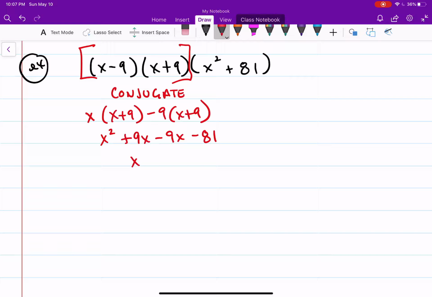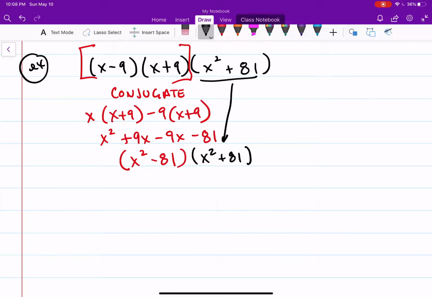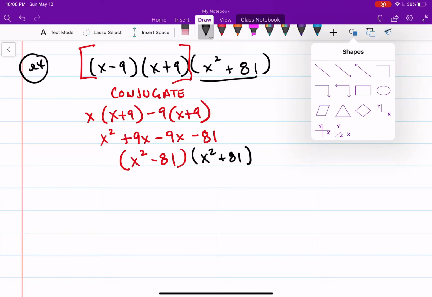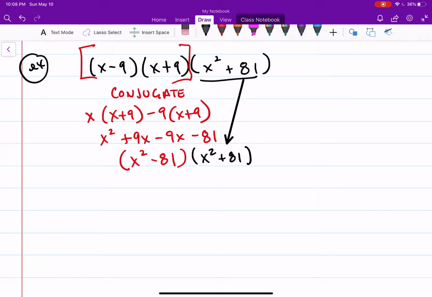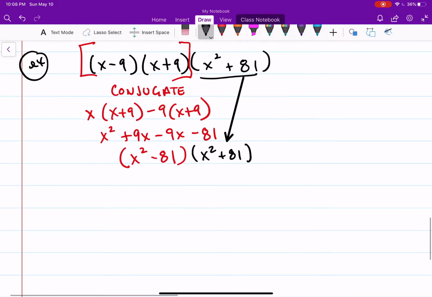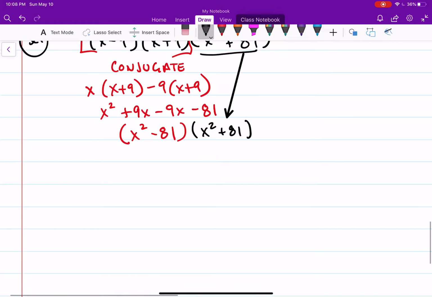So I got x squared minus 81. Now I can bring that last piece down of x squared plus 81. Okay, so again, I dealt with the first two first, now I'm bringing in the third one.